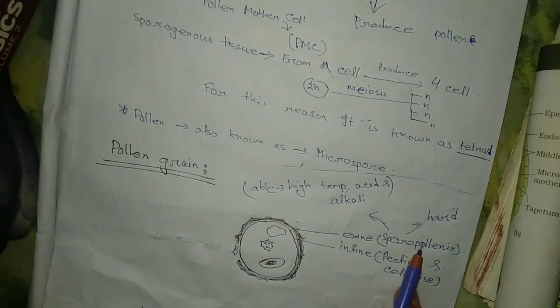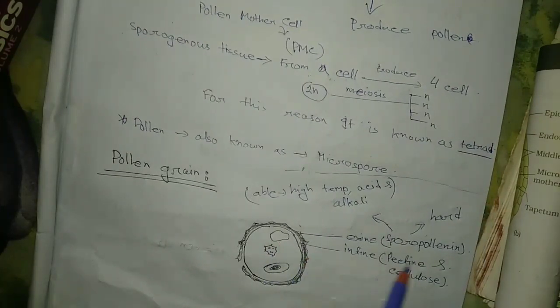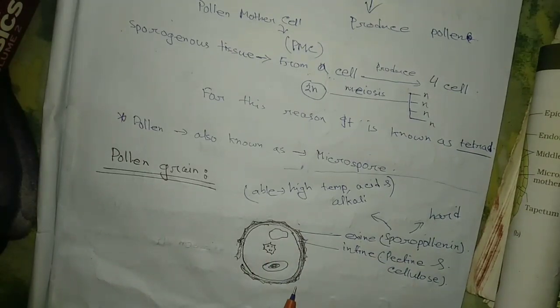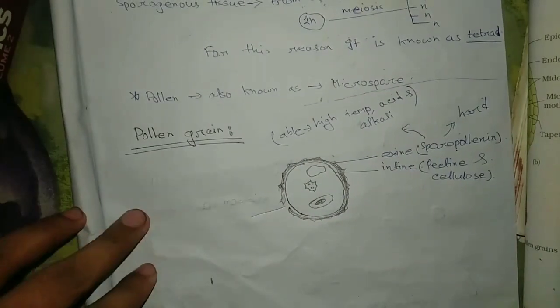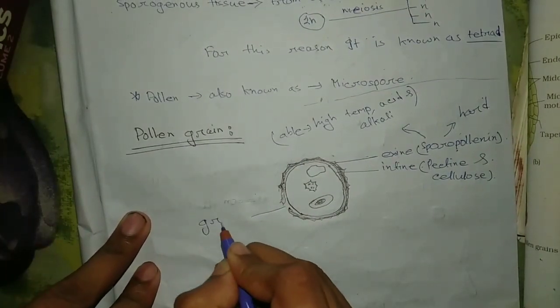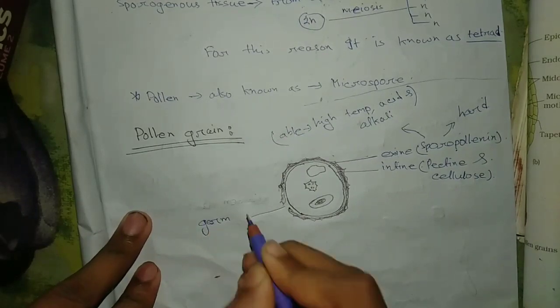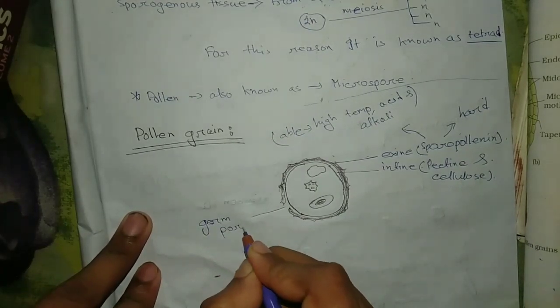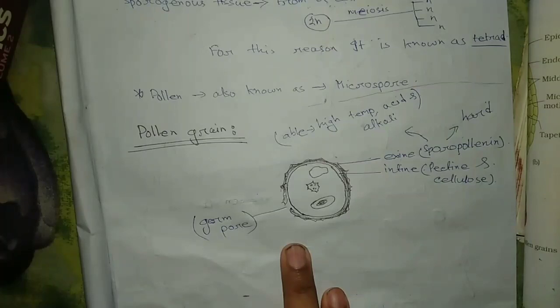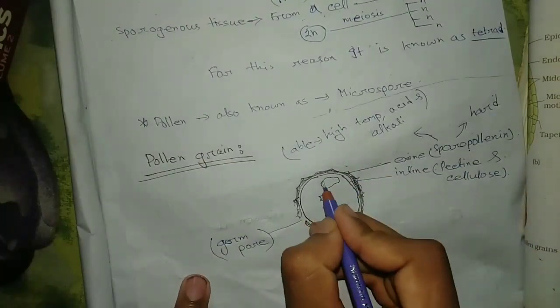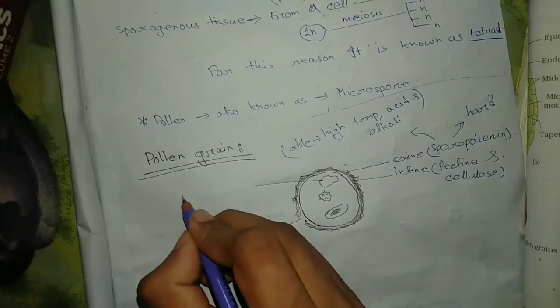This is hard, but it has some ability. This exine protects the pollen. This is the cytoplasm. This part is known as vacuole.